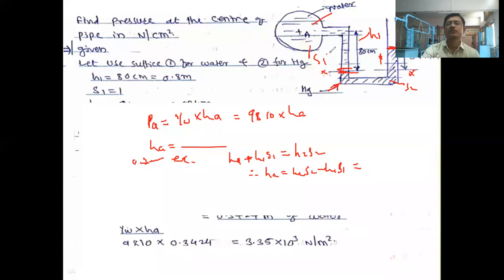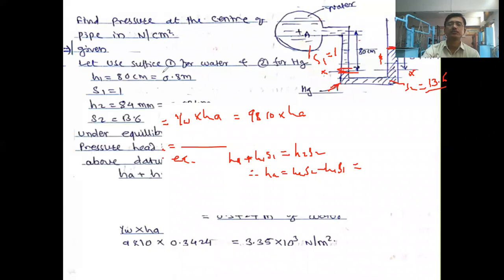What is the value of S1? As it is water, it is equal to 1. What is the value of S2? 13.6. Correct. So put the values. Now this height H1 is given in centimeter, and this is given in millimeter.